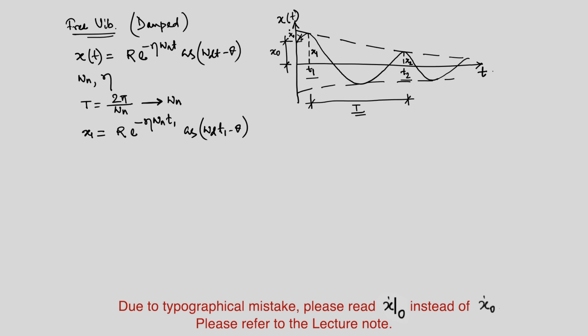That is the response we get at time point T1. Similarly, we can also write down x2. x2 will be R e to the power minus eta omega n T2, but T2 is T1 plus capital T, times cos of omega d T2, that is T1 plus T, minus theta.